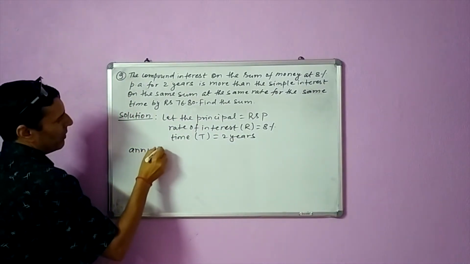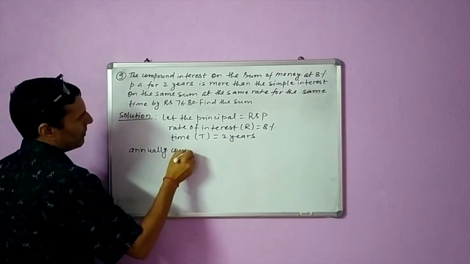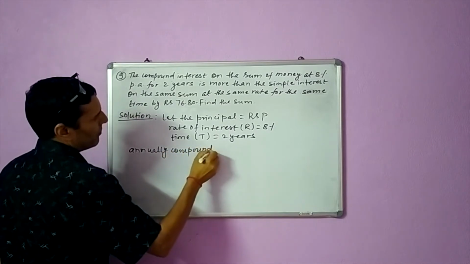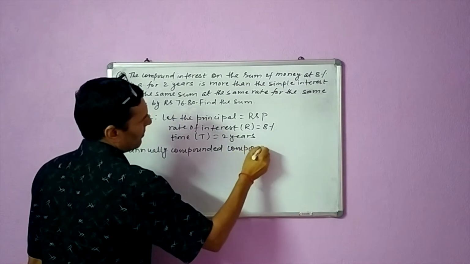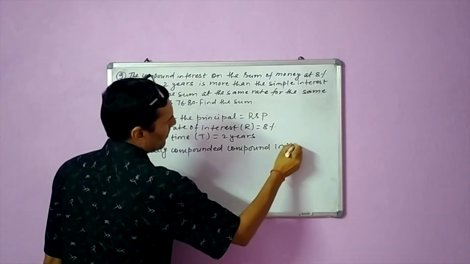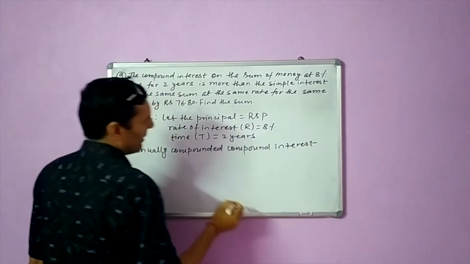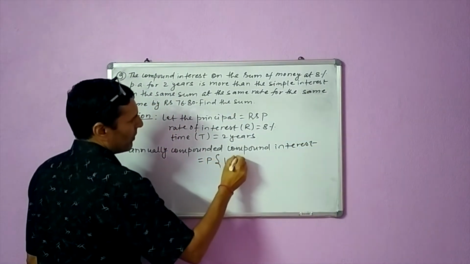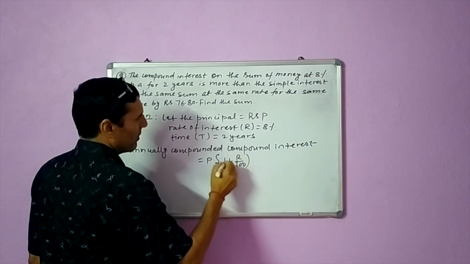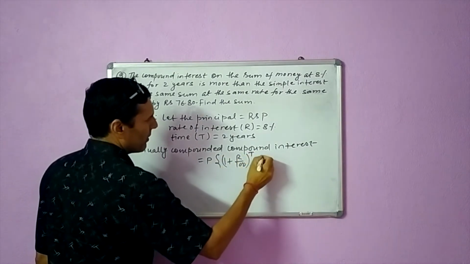So for annually compounded interest, compound interest is given by the formula P times (1 plus R upon 100) to the power T minus 1.